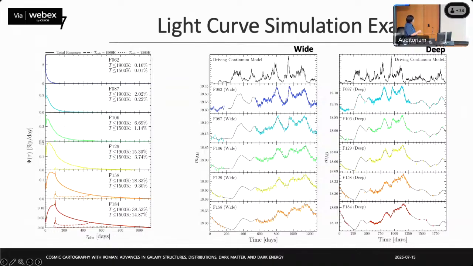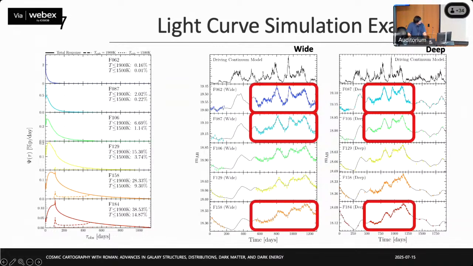Convolving those light curves gives the light curves of the respective bands, which you can see on the right-hand side. The top panels are the driving light curves, the black lines in the bottom panels are the continuous light curves, and the colored bars are the realized Roman fluxes. By bands 1, 2, and 5, we mean these.